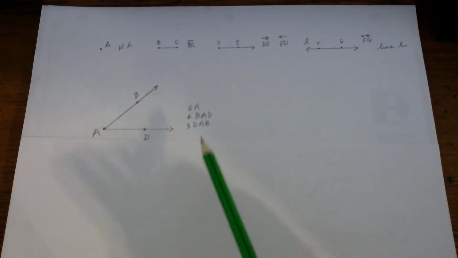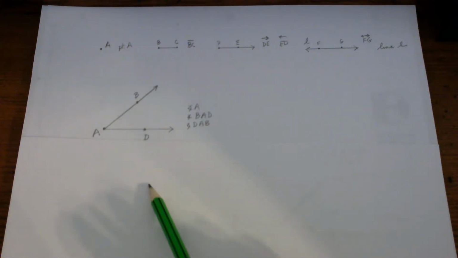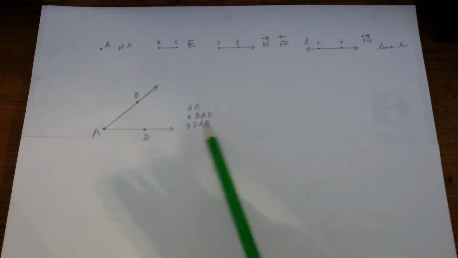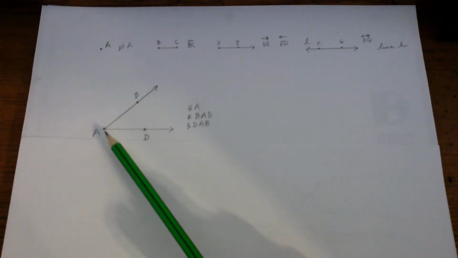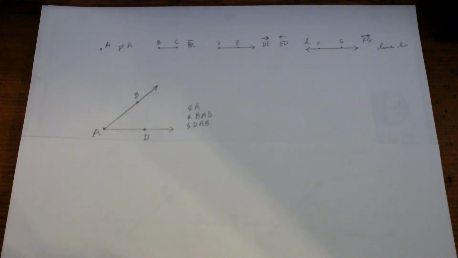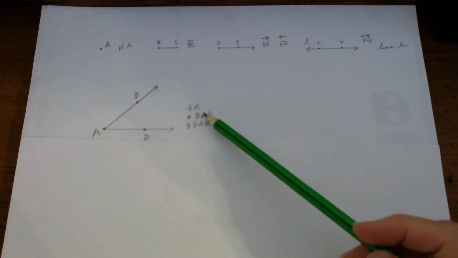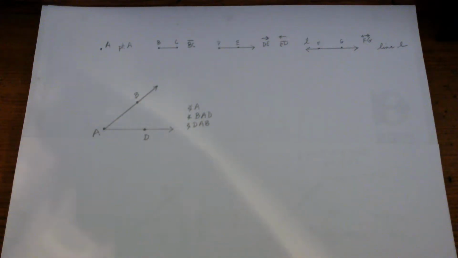This could be angle BAD or angle DAB. Either would be acceptable. Now, we usually use one letter if there's no confusion, but if we need three letters, we have to be sure that the vertex is the middle letter.